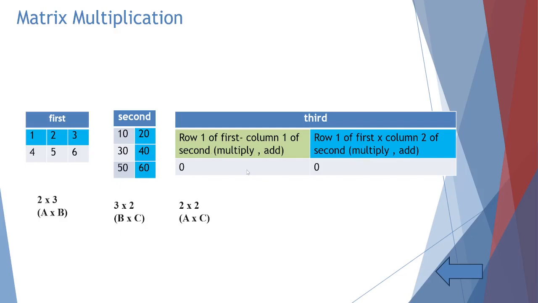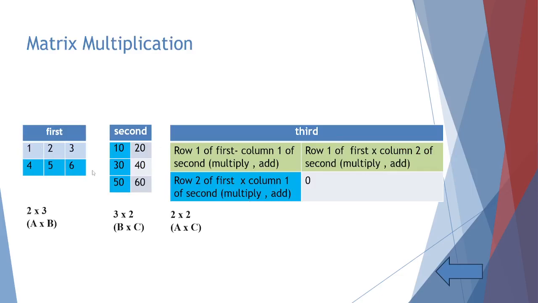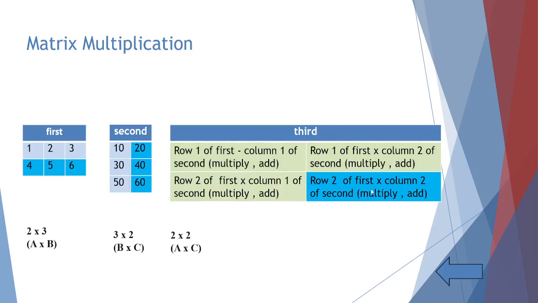Then the second row of the first matrix and the first column of the second matrix. Multiply, add, we will see that part in the next slide. Now you can guess, second row and second column: the second row of the first matrix with column 2 of the second matrix.